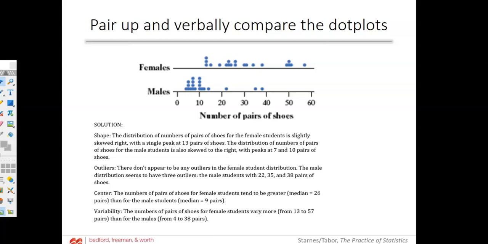Just ballparking it, it would probably be in the mid-20s there. Looks like they figured it out, they say it's 26. The variability or spread of the data here: the number of pairs of shoes for females ranges from about 12 to 16 or so, and then the range of data for number of shoes for males is from 3 to about 38.